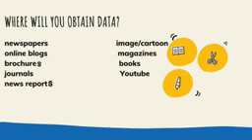Part C talks about the proposal for collection of material. So where will you obtain your data? You can obtain your data from newspapers, online blogs, brochures, journals, news reports. You can use an image or a cartoon. You can get it from magazines, books, and also YouTube.